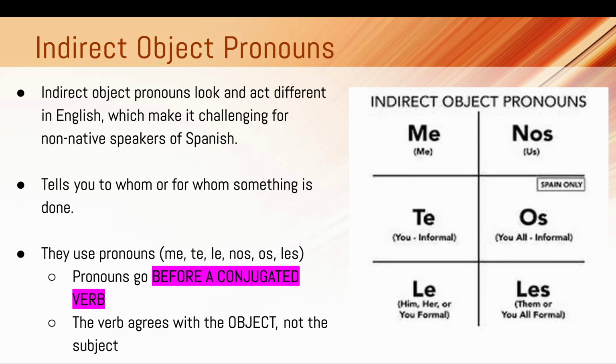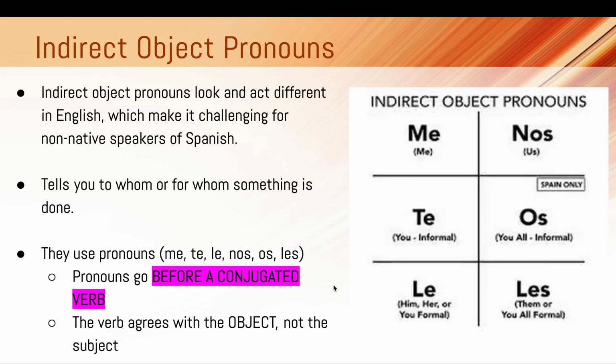Okay. So we have indirect object pronouns in English as well. It would say like he gave it to me, or he cooked that for me. The for me or to me, that is what it sounds like in English. In Spanish, it acts and looks different, so that makes it challenging for non-native speakers.